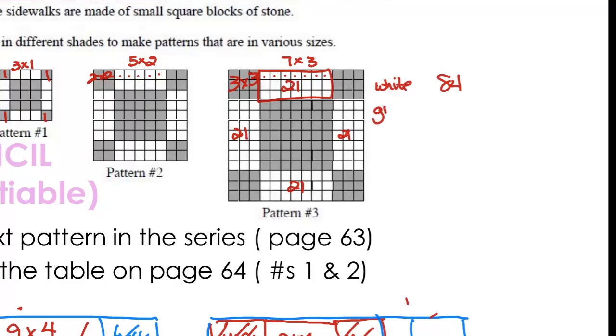How many gray blocks do we have? Oh, they're connected? Wait, they're connected? What do you mean connected? This pattern and question 1. Yes. So gray blocks, 85. Did you count them all? Did you really? Okay.